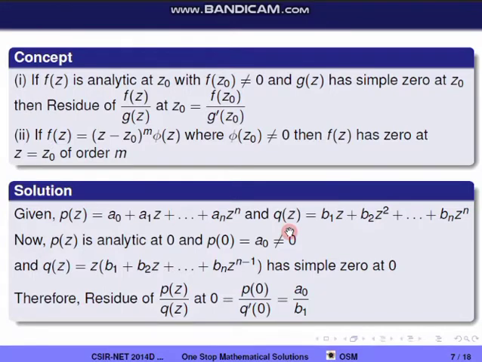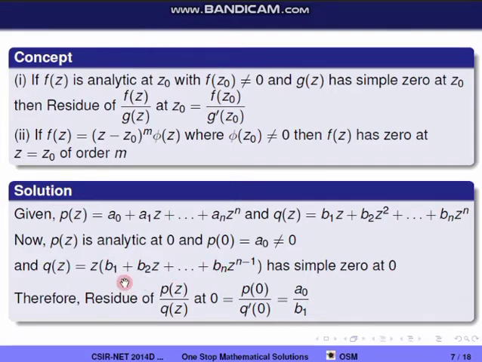Here the denominator is Q(z), so it should have a simple zero at 0. So we'll check that. Q(z) = b1 z + b2 z^2 + ... + bn z^n. Taking z common, this is equal to z(b1 + b2 z + ... + bn z^(n-1)). If I take this bracket as the function φ(z), we should get φ(0) non-zero.